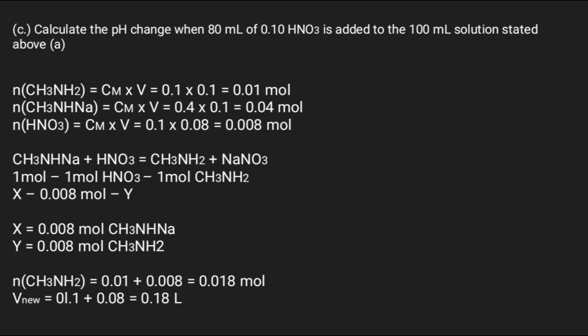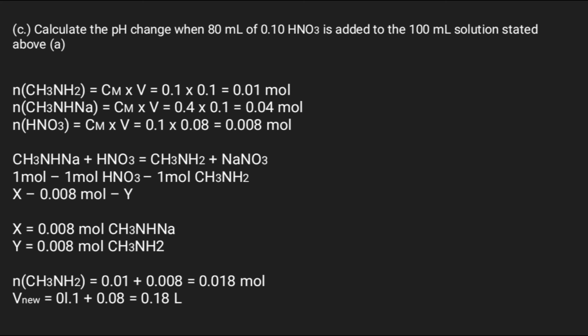And for CH3NHNa, it is equal to Cm times volume, which is 0.4 times 0.1, is equal to 0.04 mole. The moles of HNO3 is equal to Cm times volume, is equal to 0.1 times the volume of HNO3, 0.08, is equal to 0.008 mole.